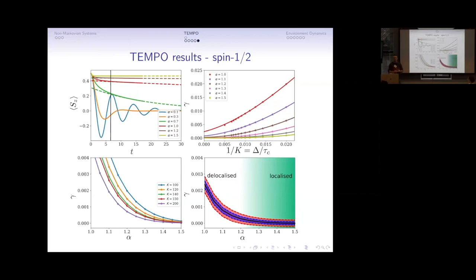Yes, so they typically don't converge quite as nicely or as quickly, but at the values of k that we were going to here, everything in those cases was also converged. If you're just looking at small alpha dynamics, then you will typically need a longer memory length to converge sigma x than you do to converge sigma z.